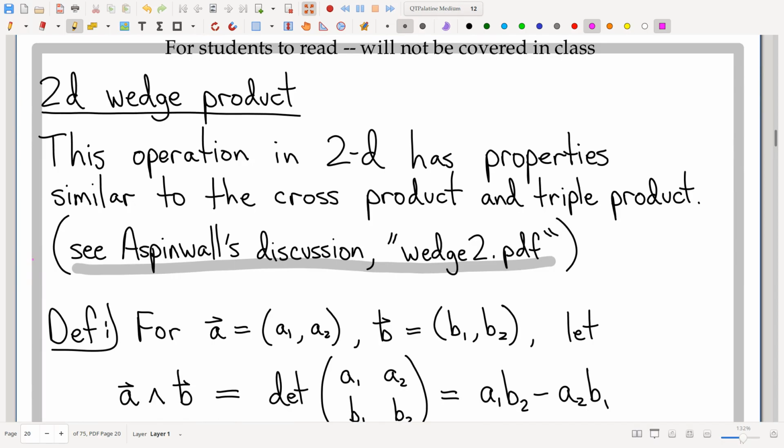Okay. Real quick, last thing. I guess this is the last thing we're going to say in this section. Again, you'll notice this is a students-to-read thing. It's just details. There's no tricky curves in this, particularly. But cross product as a binary operation, as we've been using it, is peculiar to 3 dimensions.